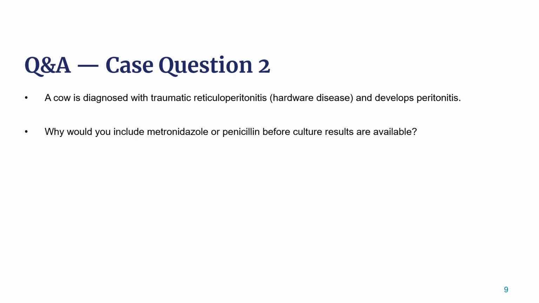Traumatic reticuloperitonitis involves perforation of the reticulum by a swallowed metallic foreign body, allowing GI contents, which are massively loaded with anaerobic organisms from the rumen and reticulum, to enter the peritoneal cavity.